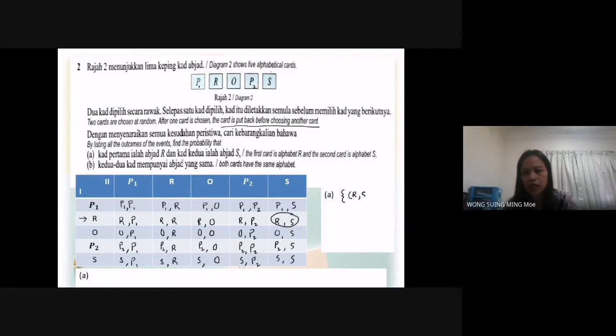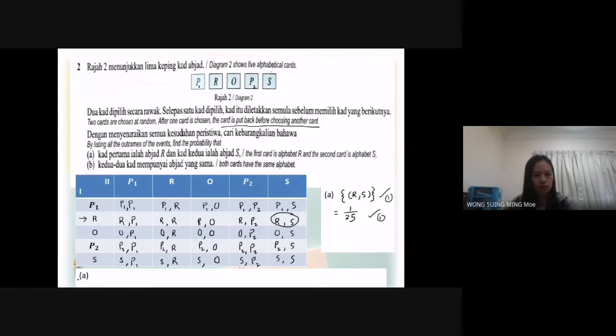R, S. Okay. So the sample space here, total of the sample space, 5 times 5 equal to 25. So only 1 out of 25. So the probability is 1 over 25. So here 1 mark. Answer here another 1 mark.